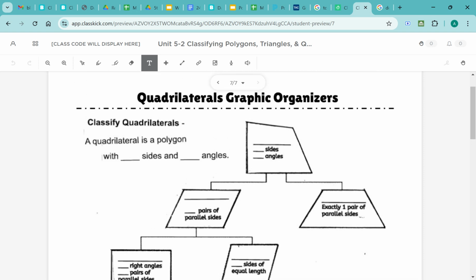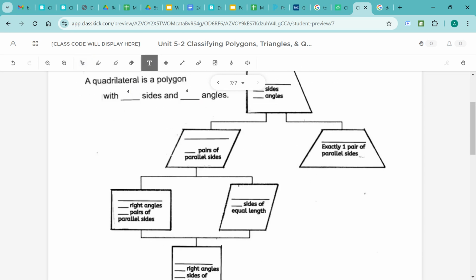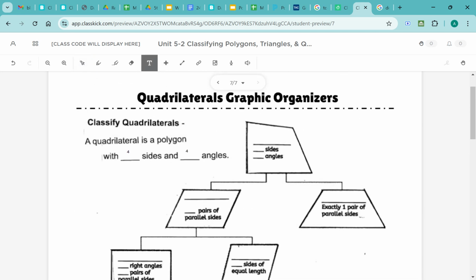So a quadrilateral is a polygon that has four sides, which we already did when we did polygons, and four angles. You should know that from your polygon notes. Up at the top of our graphic organizer, as we go down, we're going to get some different types of shapes.